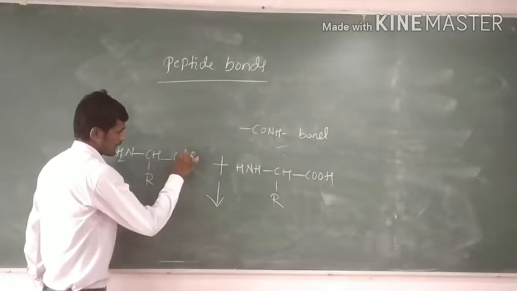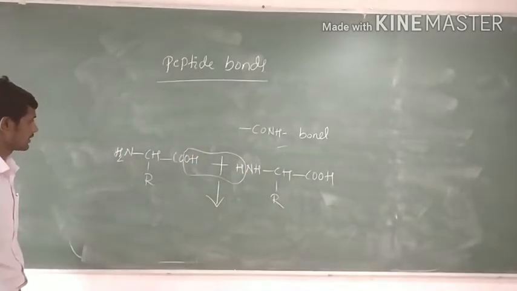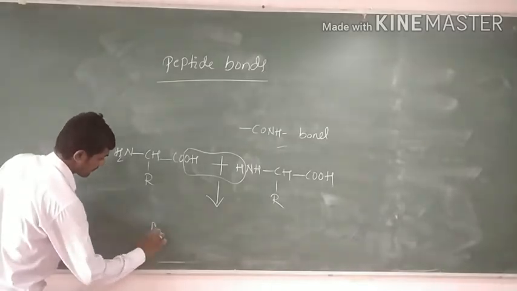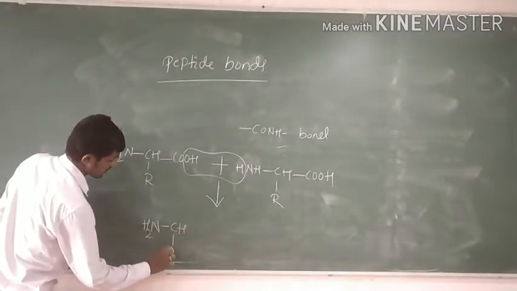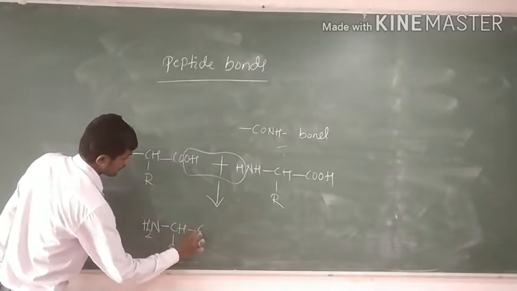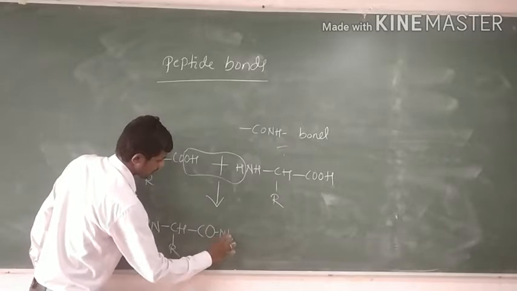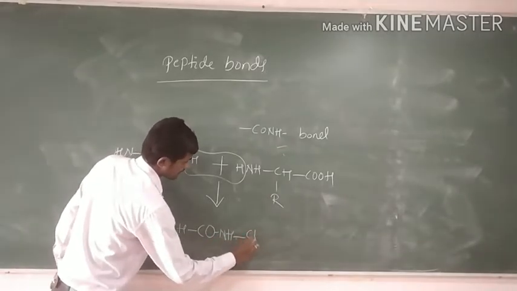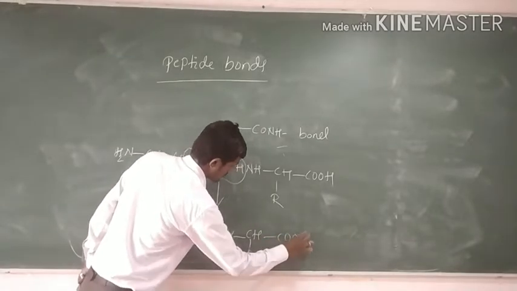Here the condensation process takes place, therefore this water molecule is removed. At that time it becomes NH2, CHR, here CO, and this NH, and itself CHR COOH.